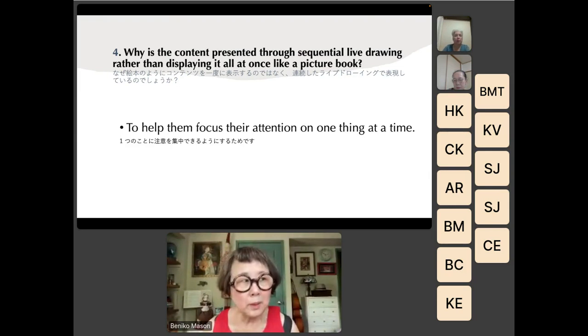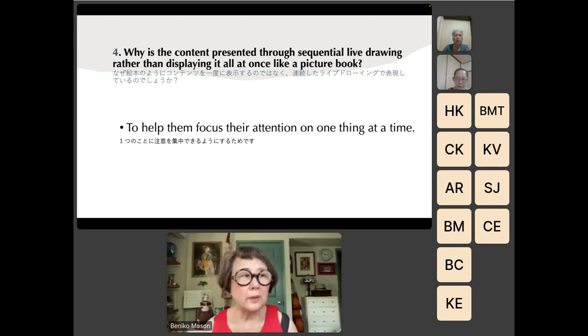When you show a picture book and tell a story, and the page has different items, a cat and a dog and a glass of milk and a human being, and things like that, when you are talking about a cat, the students who are listening and watching the page might be paying attention to the human, or some of them might be paying attention to a dog.